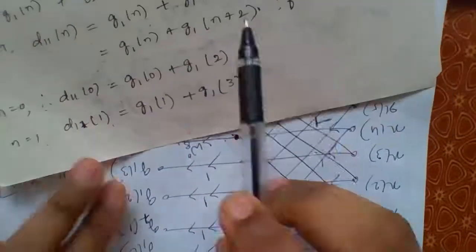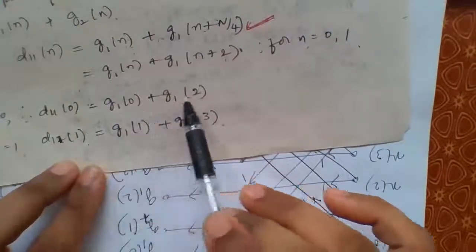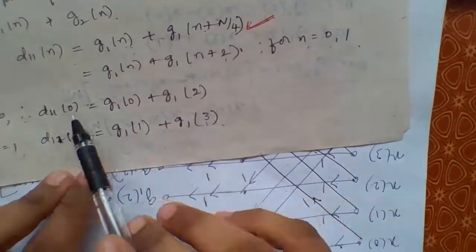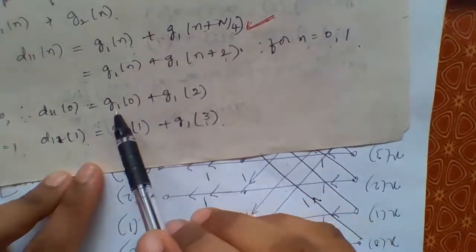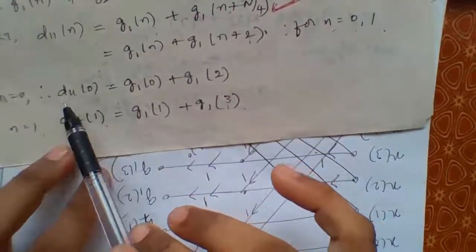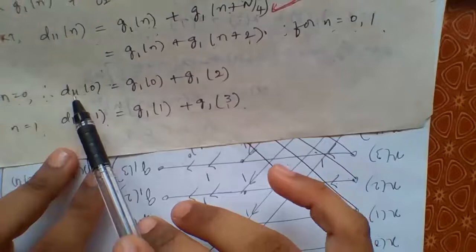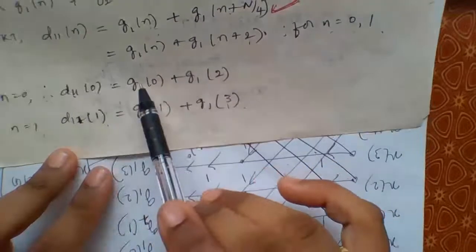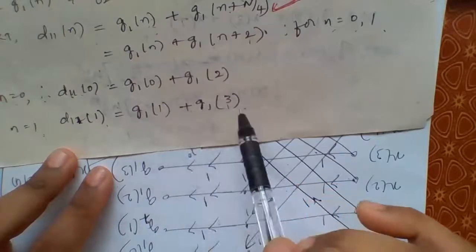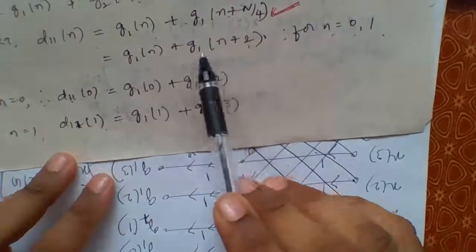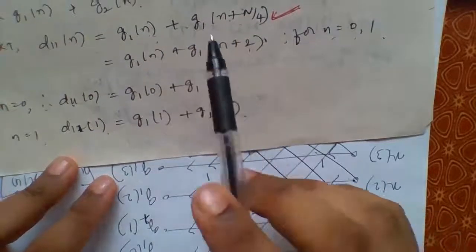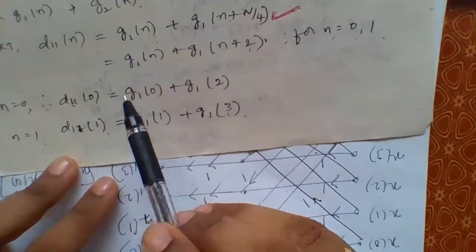So when you put zeros and ones, these are the corresponding signals. D11 of 0 is an addition between G1 of 0 and G1 of 2. One thing you should observe here is that when you are writing for D1 suffix with 1, we are considering only the G1 part. Similarly we have D12 of n.